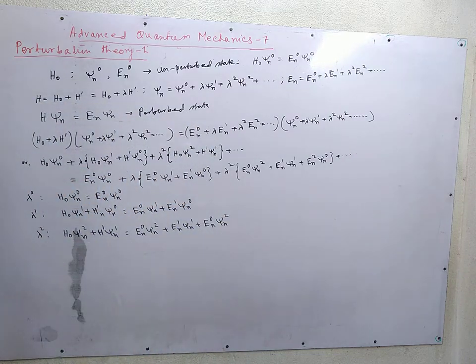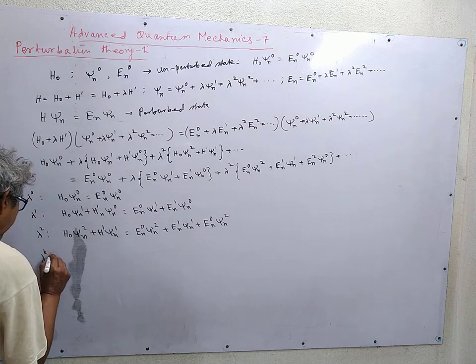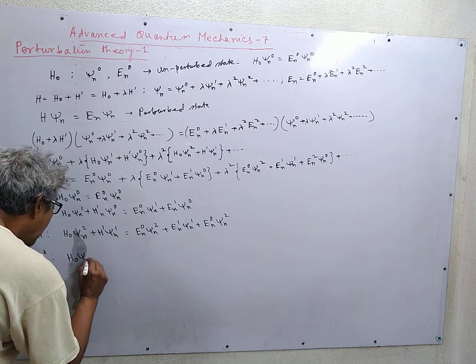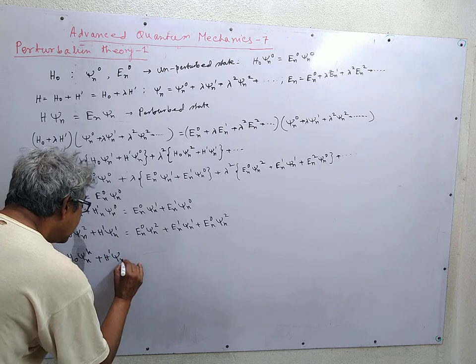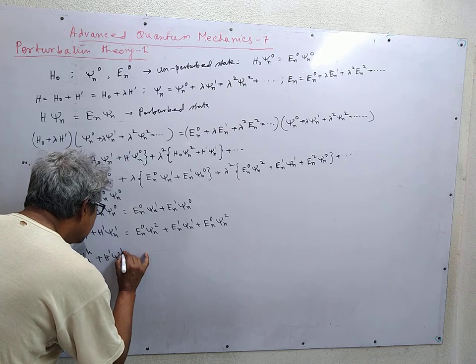In general, we could collect the coefficient of lambda to the power k to get H0 psi nk plus H prime psi n(k minus 1).